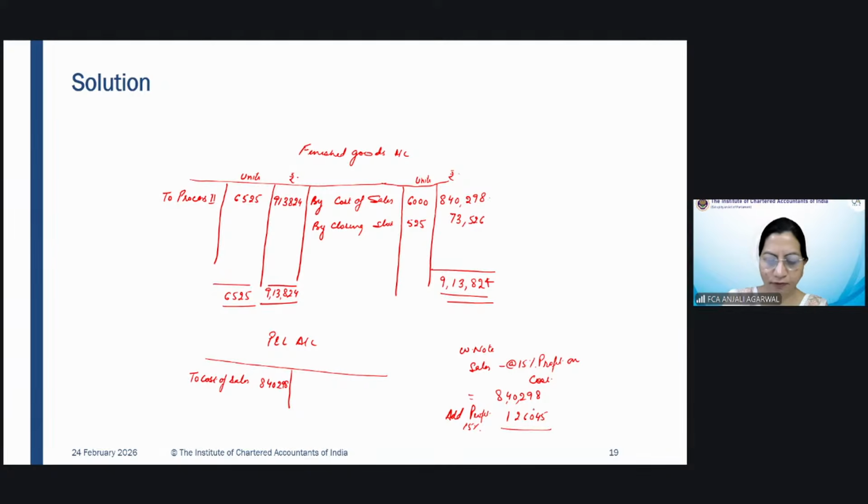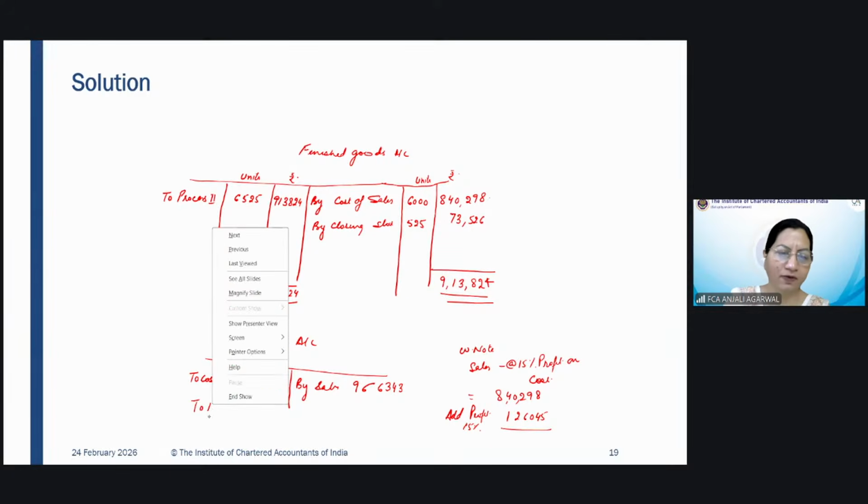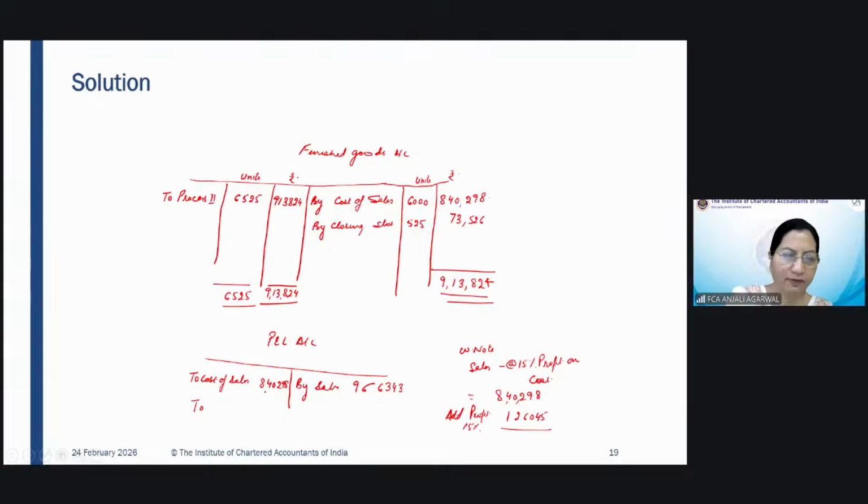And when you add the profit to the cost, your sales become 966,343. And here you can write to costing P&L or to net profit, which is 126,045.